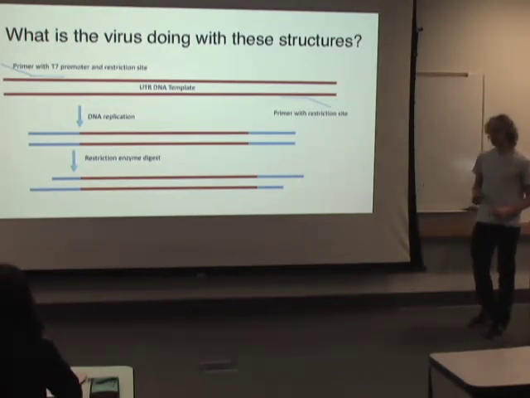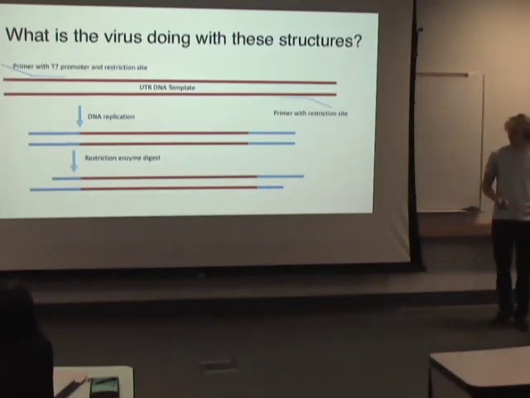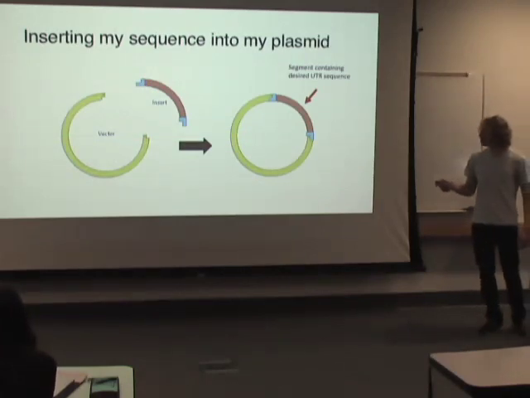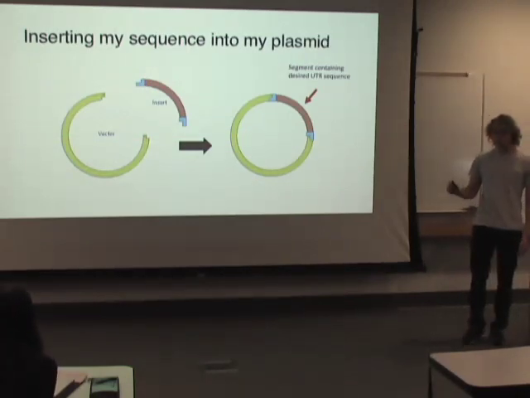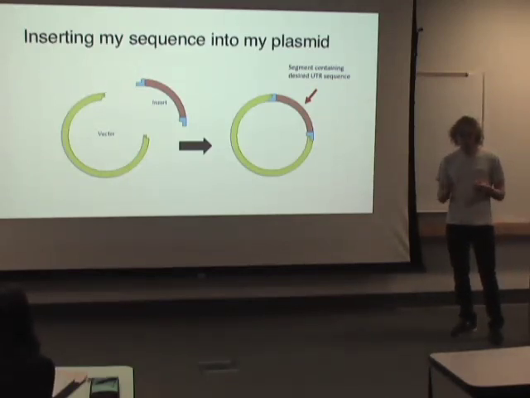And what we can do then is digest a plasmid, or a circular piece of DNA, with the same enzymes and actually insert our sequence into this plasmid. We want to do this because this is more stable than just having an RNA UTR to copy off of.